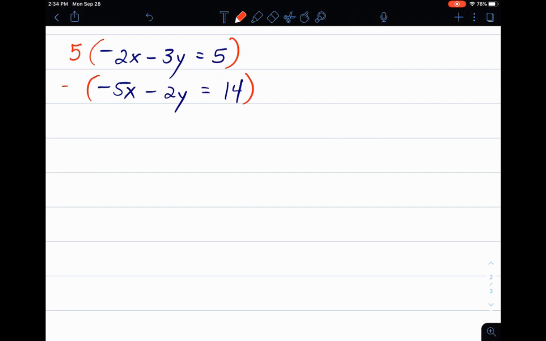Negative 2. Okay, because I need one of the two equations to be positive in the front. Okay, so then we could do negative 10x minus 15y equals 25, 10x plus 4y equals negative 28. And then we could go from there.